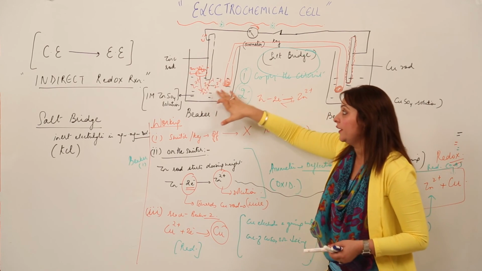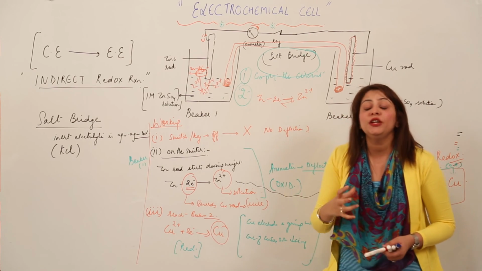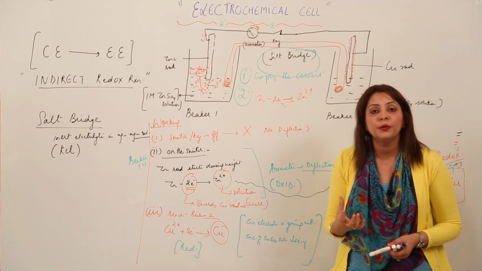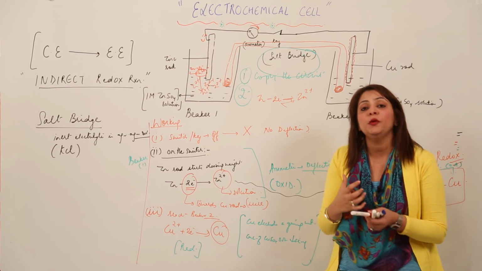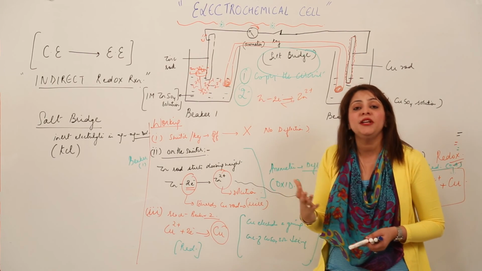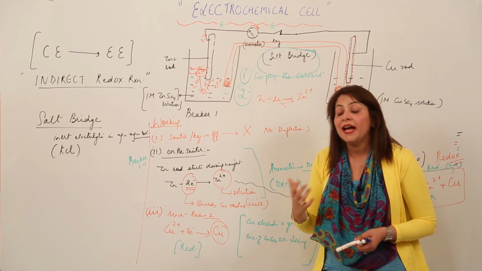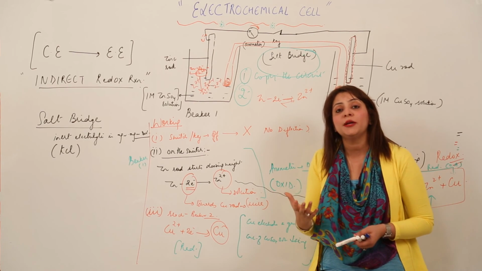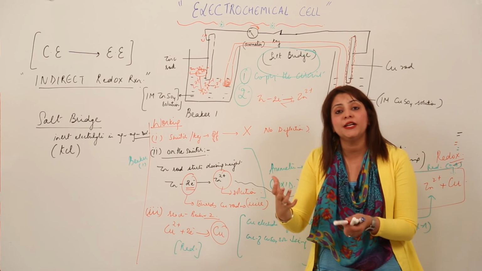As you know, there is so much positive charge, so they will not allow more positive charge to be formed. So they will prevent the oxidation, right? And if the oxidation is prevented, there will be no electrons formed, and if no electrons are formed, the production of current will stop.